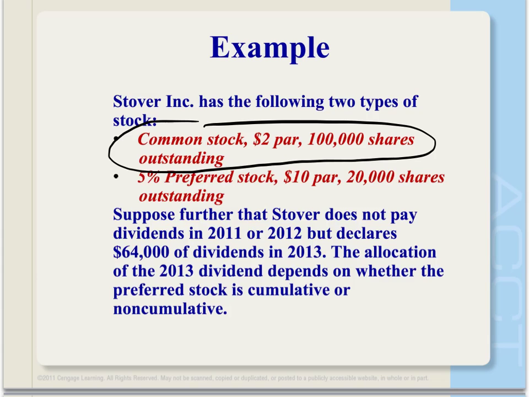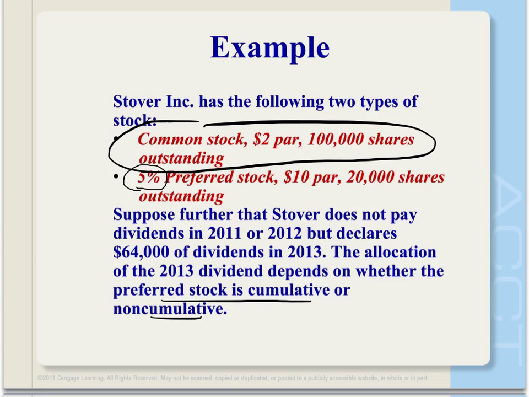What this means is preferred shareholders get a 5% dividend every year, if they are cumulative. The allocation of the dividend will depend on whether they're cumulative or non-cumulative, and we're going to show you what the calculation looks like.